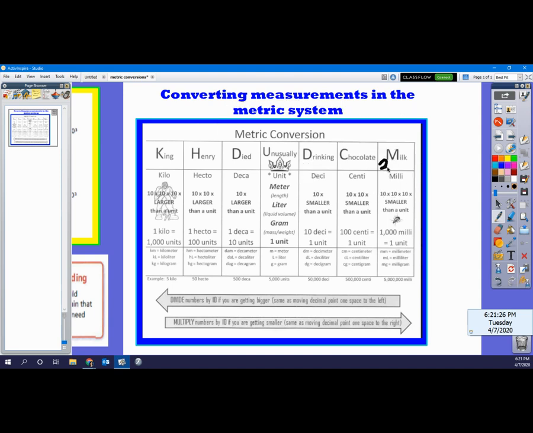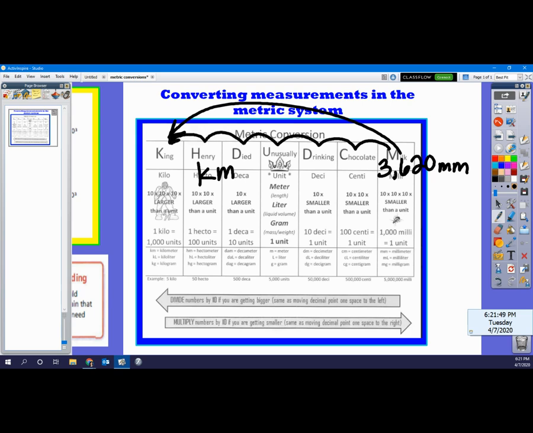Let's go with that same measurement, 3,620 millimeters. And let's say I want to know how many kilometers is that? Well, how many jumps am I going to make? Let's see, I'm going to do 1, 2, 3, 4, 5, 6 jumps.